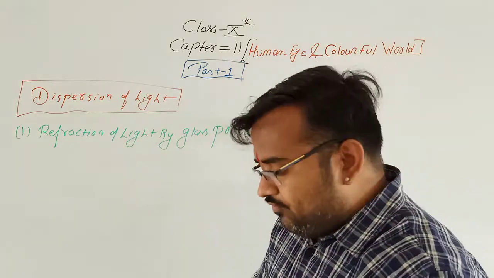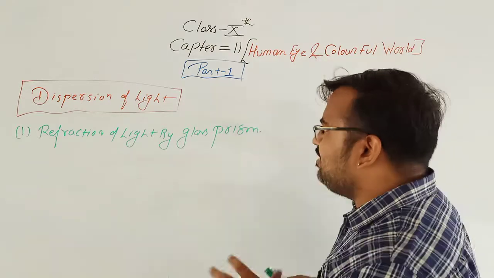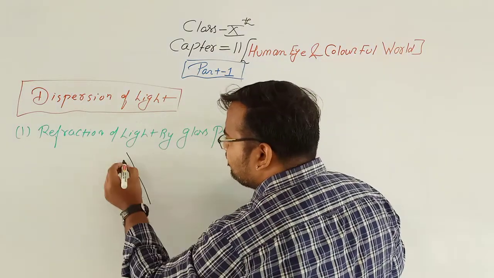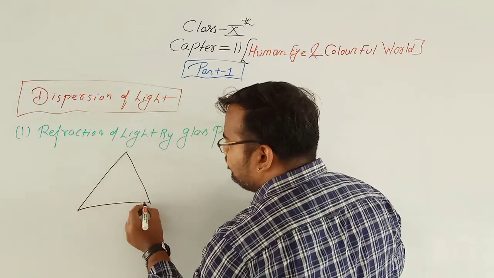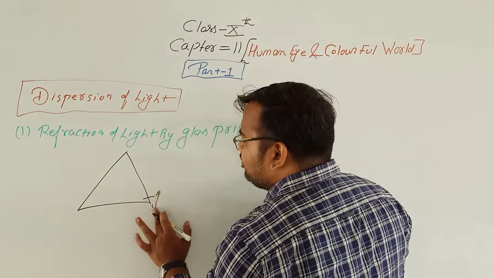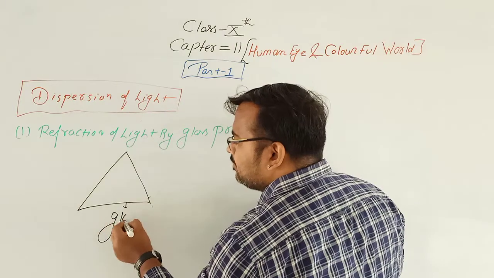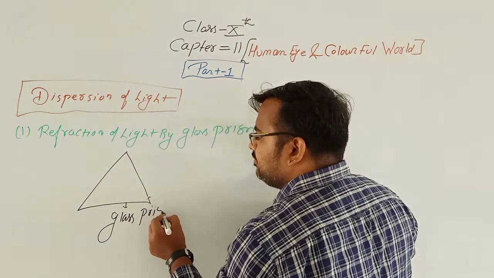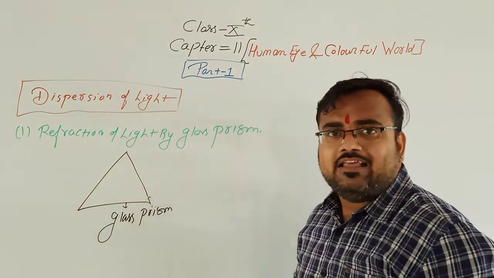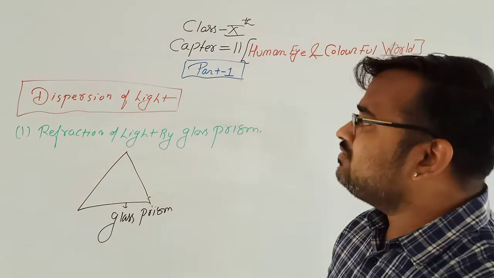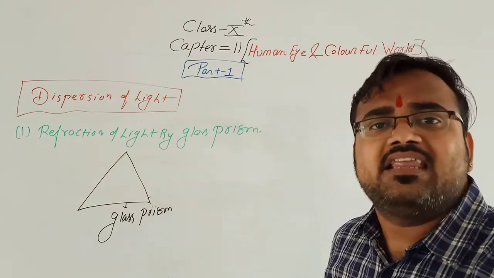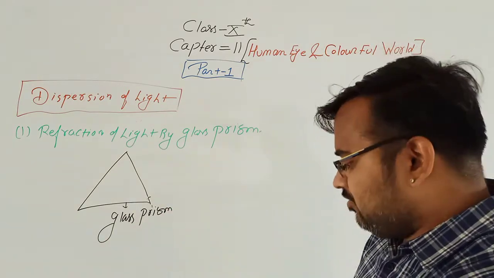Now we'll see the refraction of light by a glass prism. Suppose this is a prism, okay, it is known as glass prism. Clear? A glass prism.